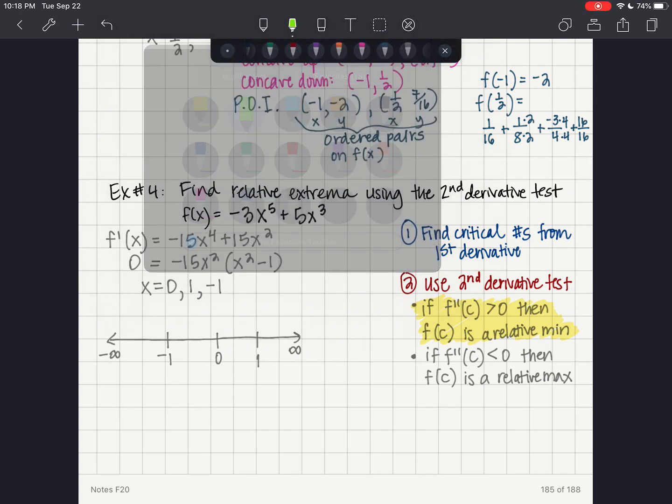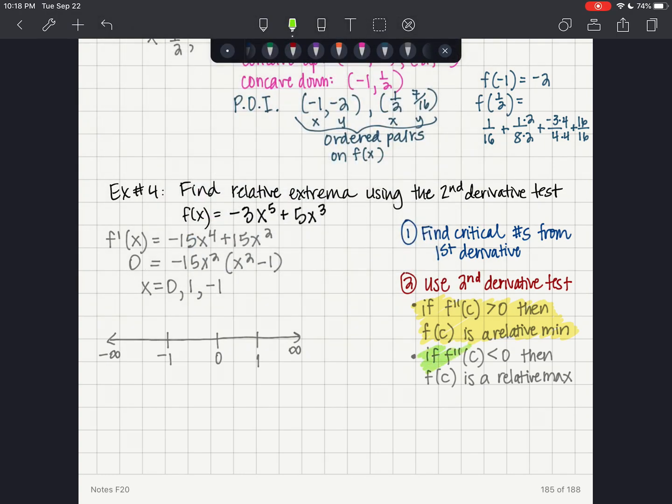Okay, and we'll use a different colored highlighter for that one. So if the second derivative is positive, you have a relative min. If the second derivative is negative, you have a relative max.